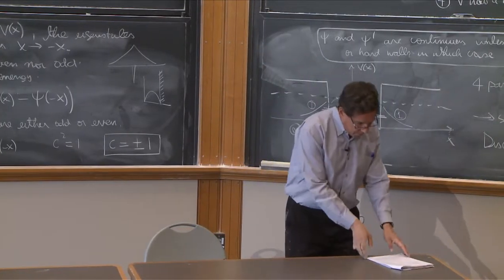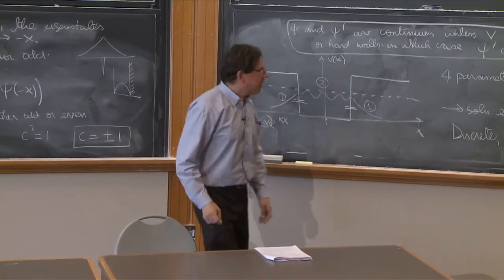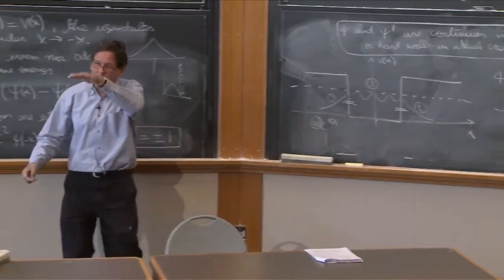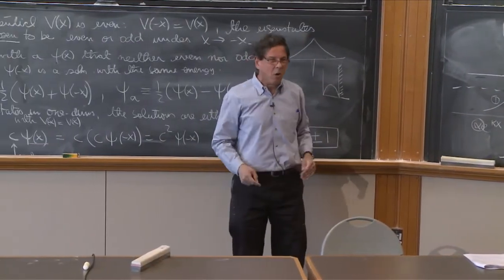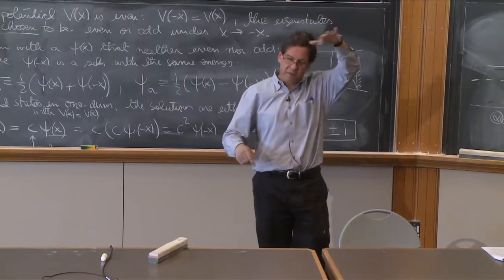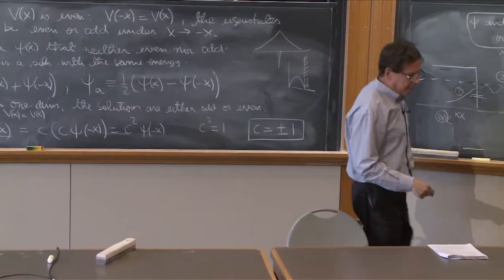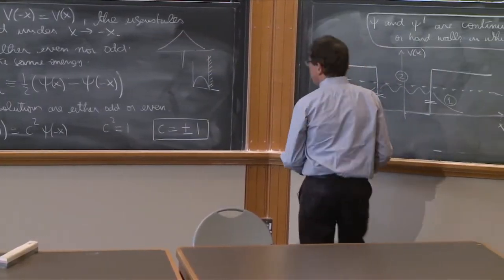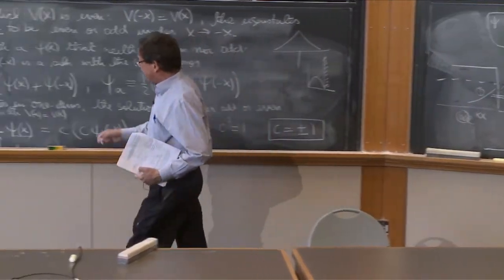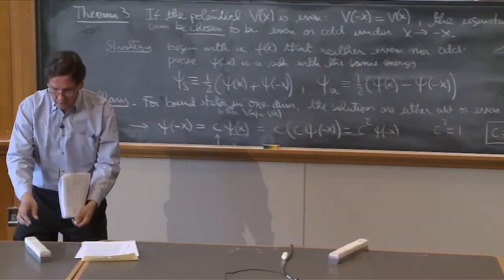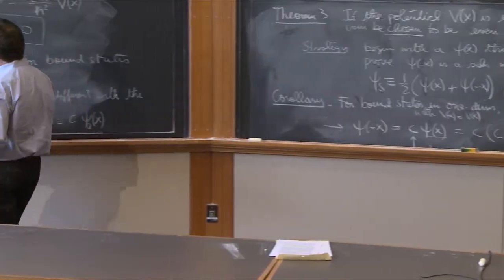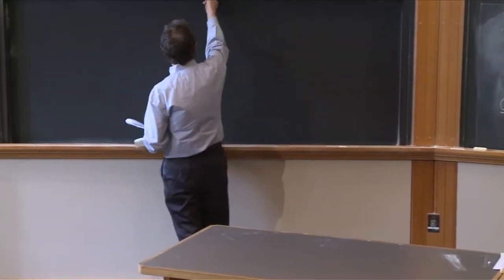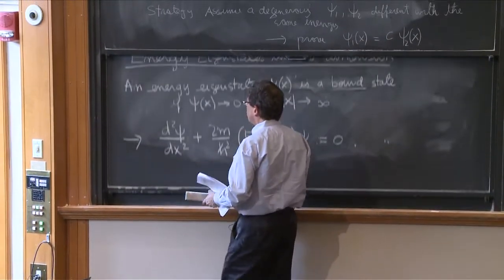Now, there are more cases to discuss, the case in which you have just a step, or the case in which you have free bound states. And I will not do them, but state the results. Again, all that I don't do explicitly can be found in the notes.